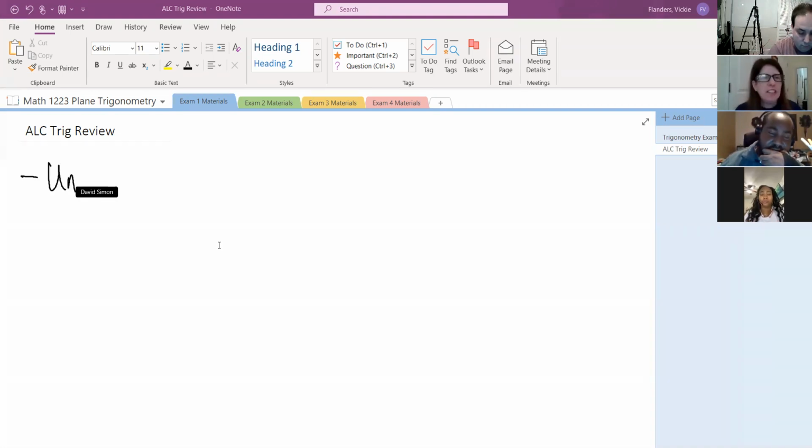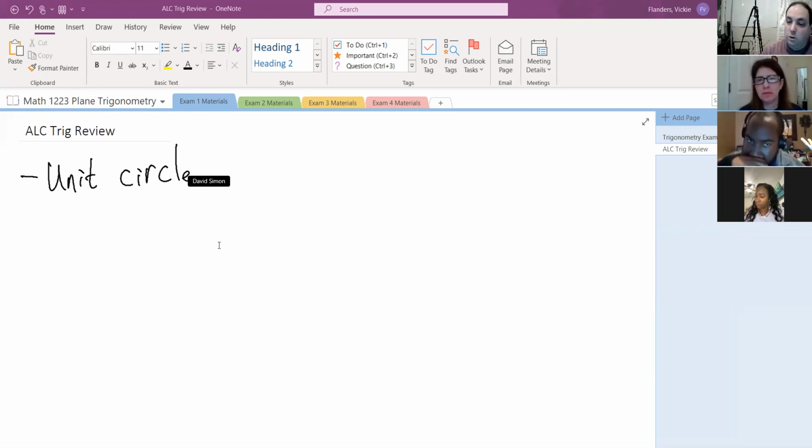We're doing the unit circle. And that includes all of the memorized values of the trig ratios that you need to know, the important values around the unit circle. Identities.